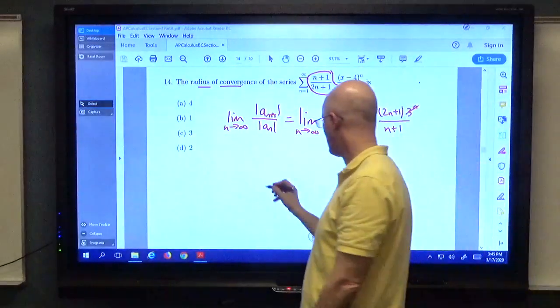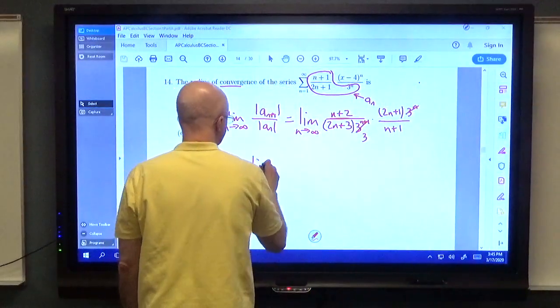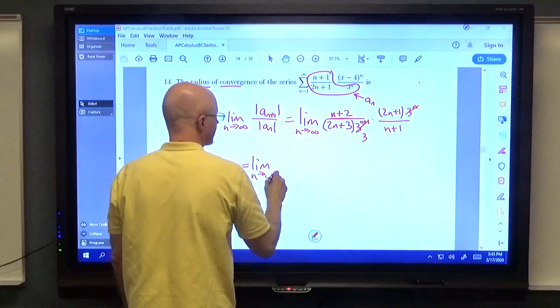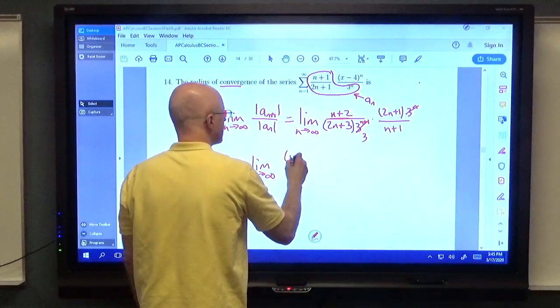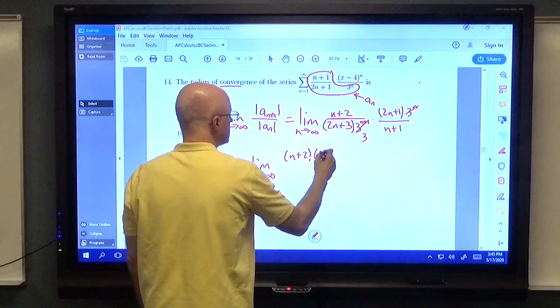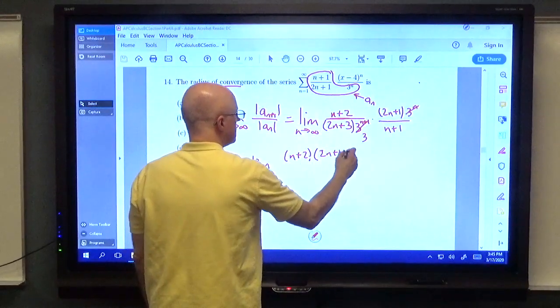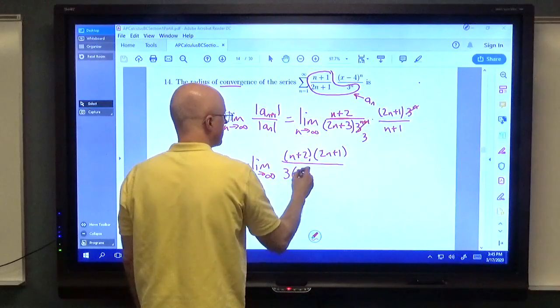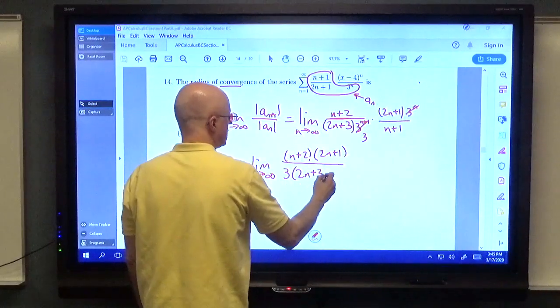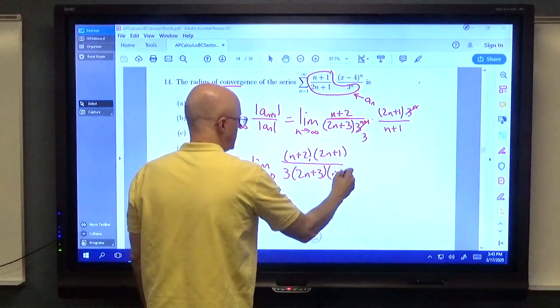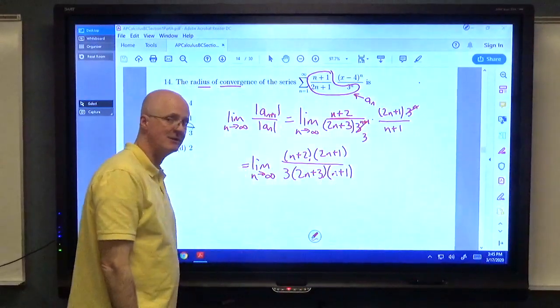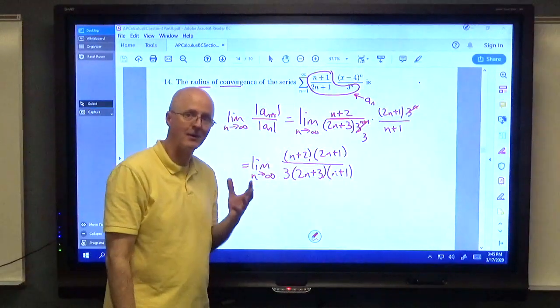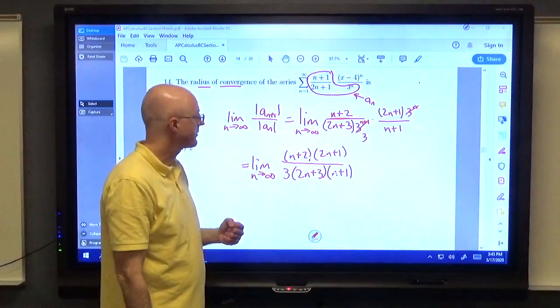And what's left over now is the limit of a rational function where the degree of the top and the bottom are the same. They both have degree 2. And therefore, the limit will exist and equal the ratio of the coefficients of the highest powers. Highest powers on the top and the bottom are n squared. What's the ratio of their coefficients?